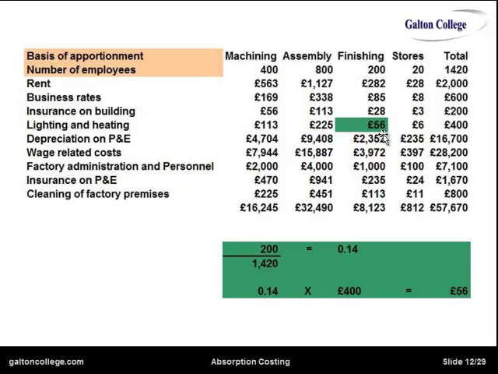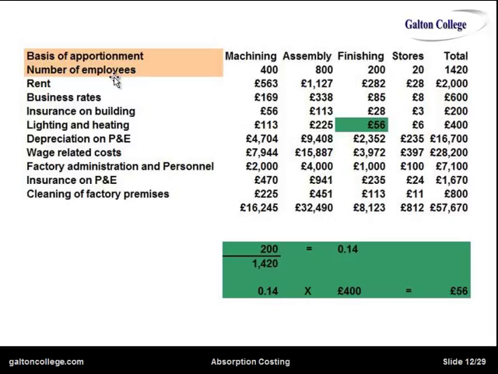Now, I do that deliberately because really lighting and heating may not be appropriate to allocate on the basis of employees. It might be better to do it on floor area. In other words, the basis for the apportionment here, the number of employees, may not be correct.